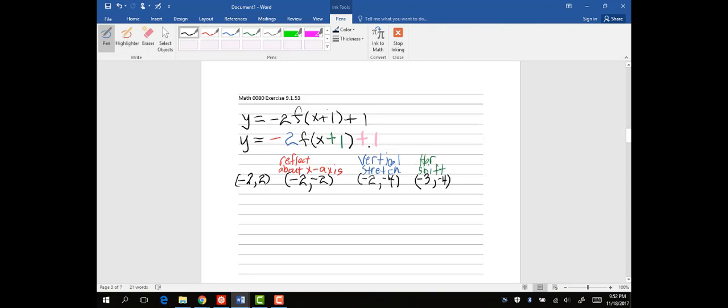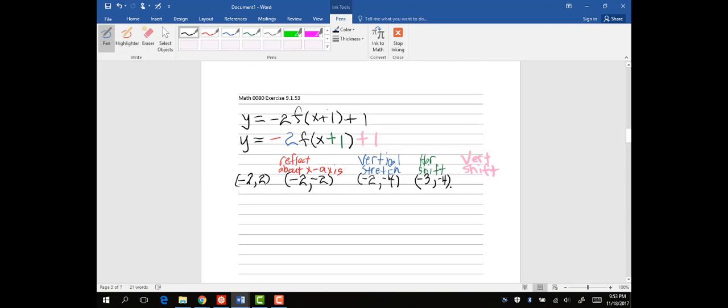And now I'm going to deal with the last issue, and that's this pink +1, which is a vertical shift. When I perform a vertical shift, only y changes.